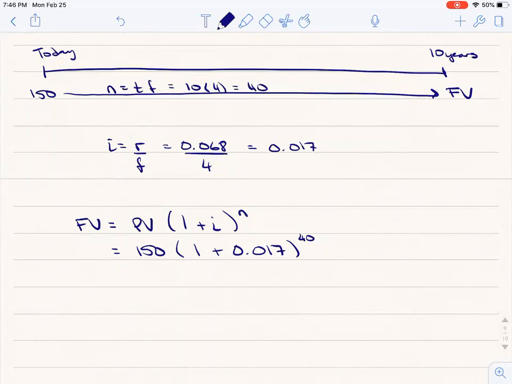Right? Same thing for N. N is time times the frequency. So you could just do that calculation in here if you wanted to. I won't, because I like to do them separate and then put them into the formula. But I totally understand that sometimes we don't like to do that.